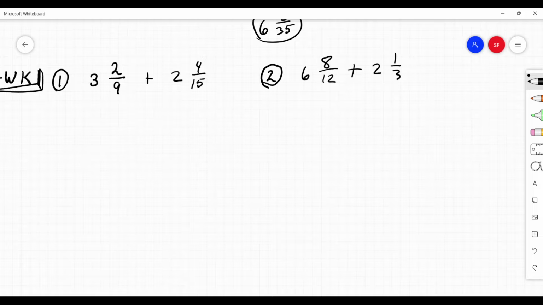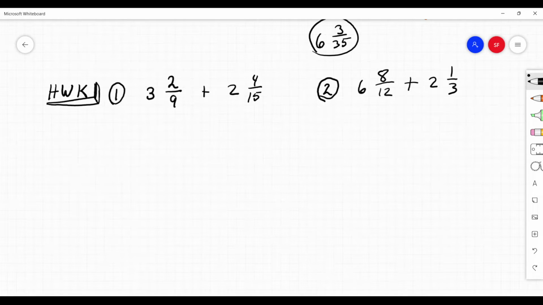2 and 1/3. And number 3 is going to be 2 and 1/10 plus 3 and 7/8. That's to make up for the 2 previous problems.